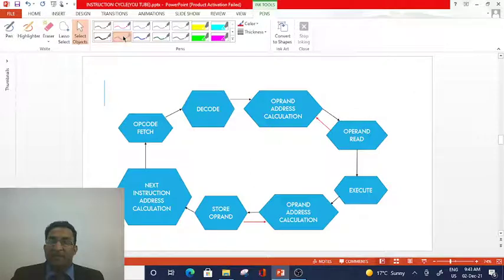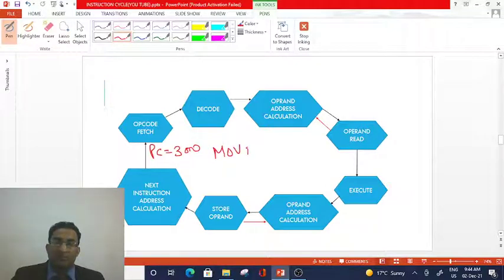First of all, PC will have a value of 3000. From location 3000 the move instruction, that is MOV R1, [4000h], will be fetched. That is called opcode fetch. After that the processor will decode this instruction, that means it will understand this whole binary pattern.